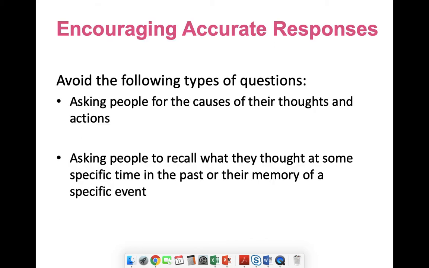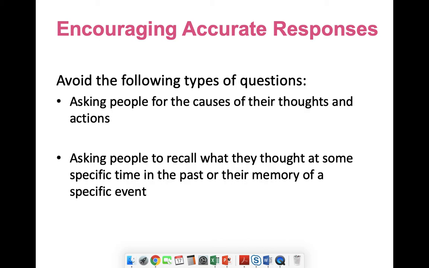A couple other things to keep in mind would be to avoid certain types of questions. The first would be asking people for the causes of their thoughts and actions. There's a phenomenon that people often self-report more than they can know.